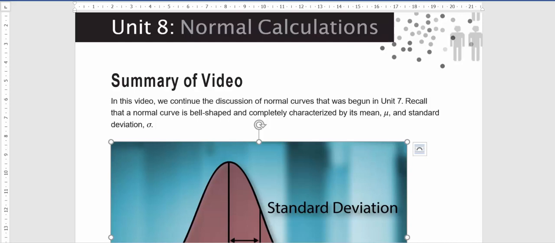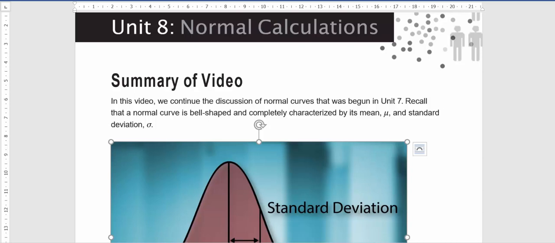So Unit 8, normal calculations. What we've done so far is we've looked at distributions of data where the data is grouped around a mean and there's a standard deviation associated with that data.